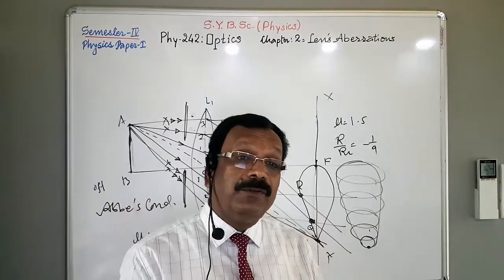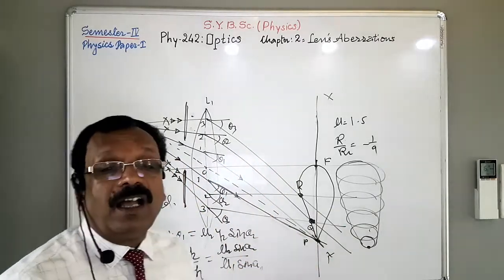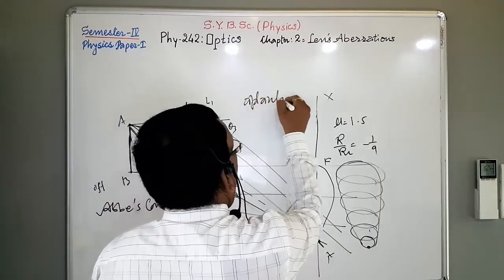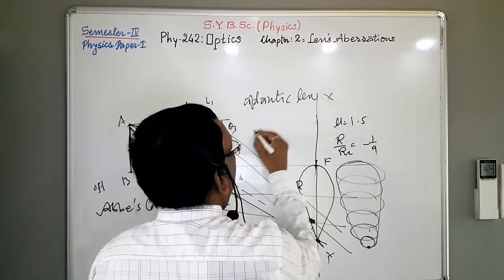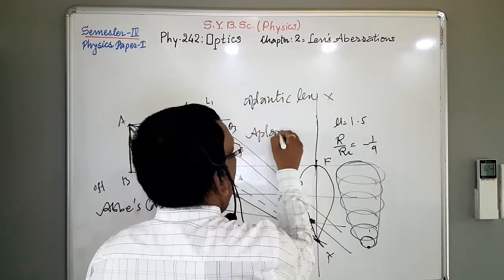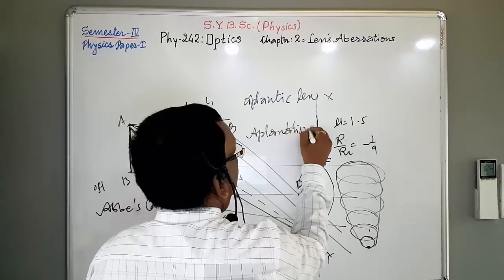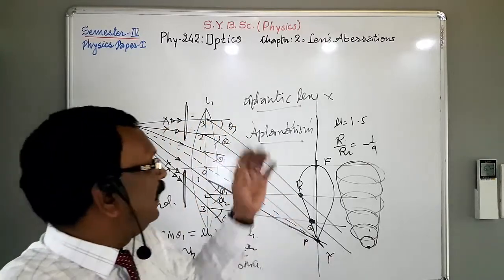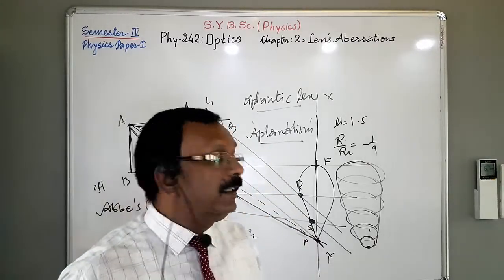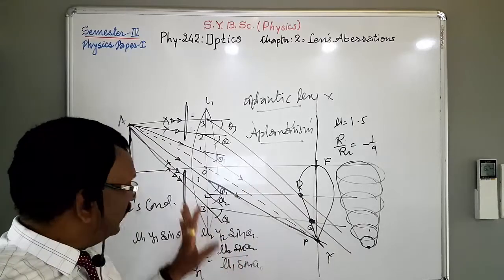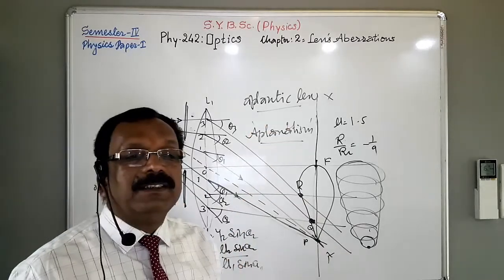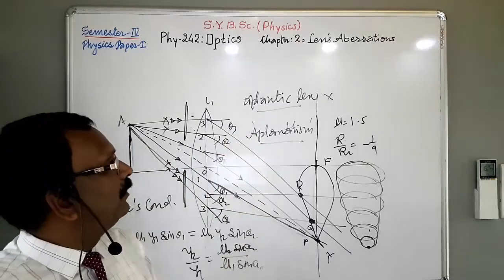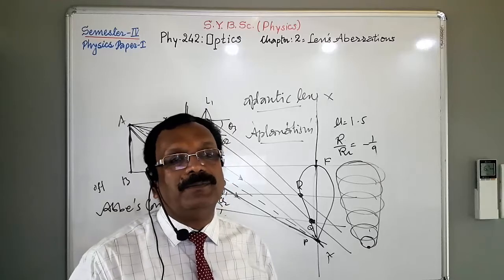The lens which satisfies this condition is known as an aplanatic lens, and the phenomenon is known as aplanatism. So these are two important points: what is aplanatism and what is an aplanatic lens.